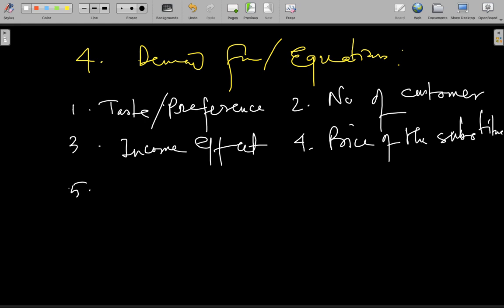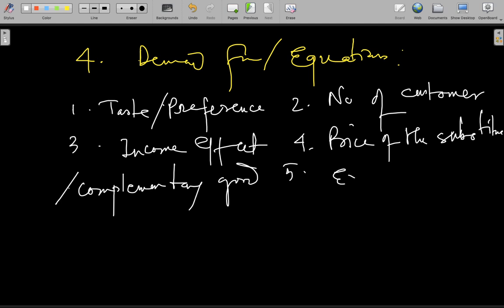I'm presuming we all know these basic things. Then we have complementary goods, not just substitutes. Then we can have expectations. So all these factors influence the demand curve, the shift of the demand curve.